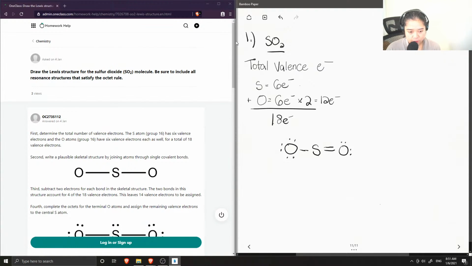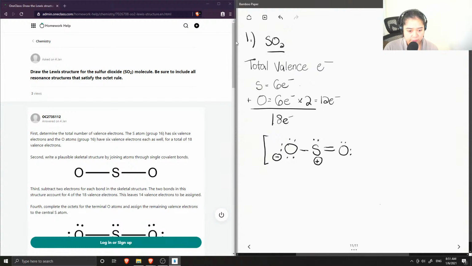So I just need 2 more. And I'm going to put them on the sulfur, since sulfur doesn't have a full octet yet. And after doing that, it now has a positive charge. And this oxygen on the left has a negative charge. So this is one Lewis structure of SO2.